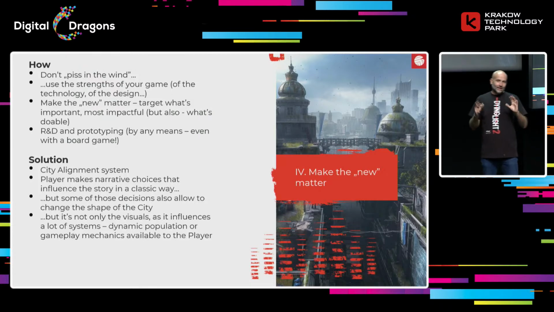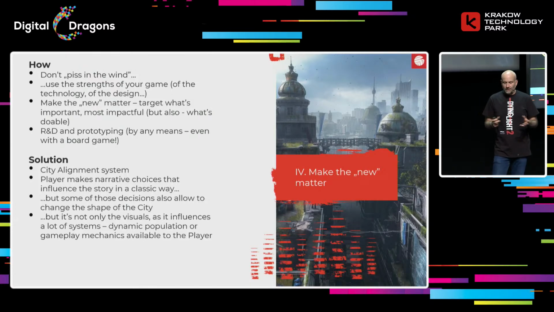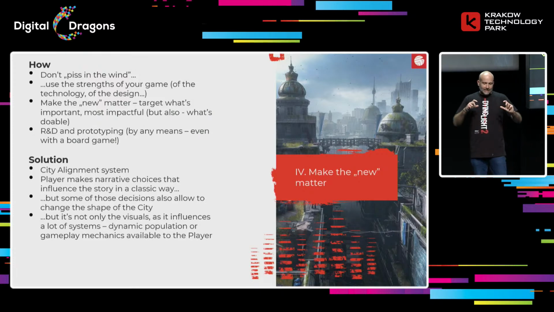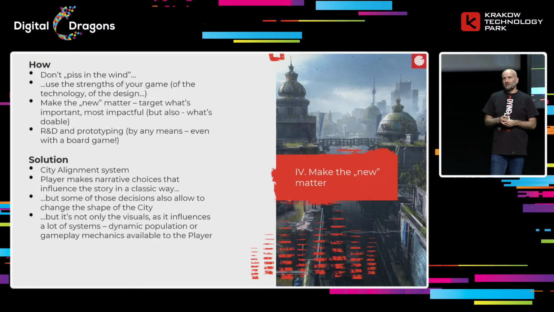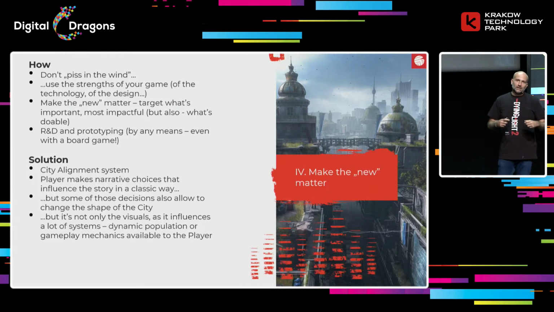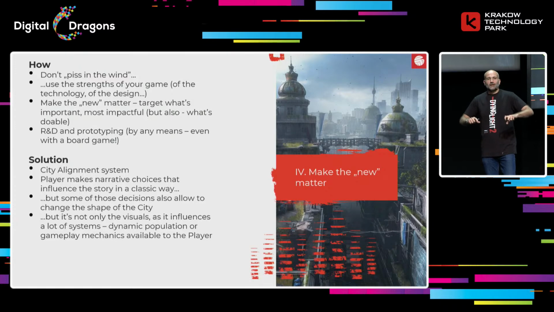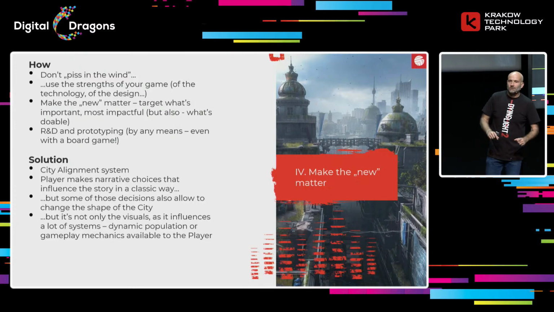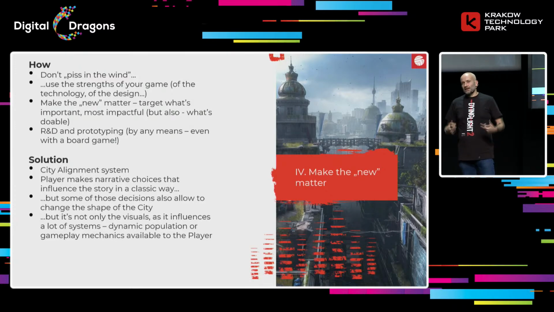It's quite a simple system, but actually quite impactful, at least I believe that. Players make narrative choices as they play the story, but some of those choices allow them to change the shape of the city by assigning various zones to one of the factions. And the cool thing about it, and maybe it's just exciting for me as a game designer, as a gameplay designer, is that those decisions and how you assign those zones make new gameplay mechanics appear in your game.